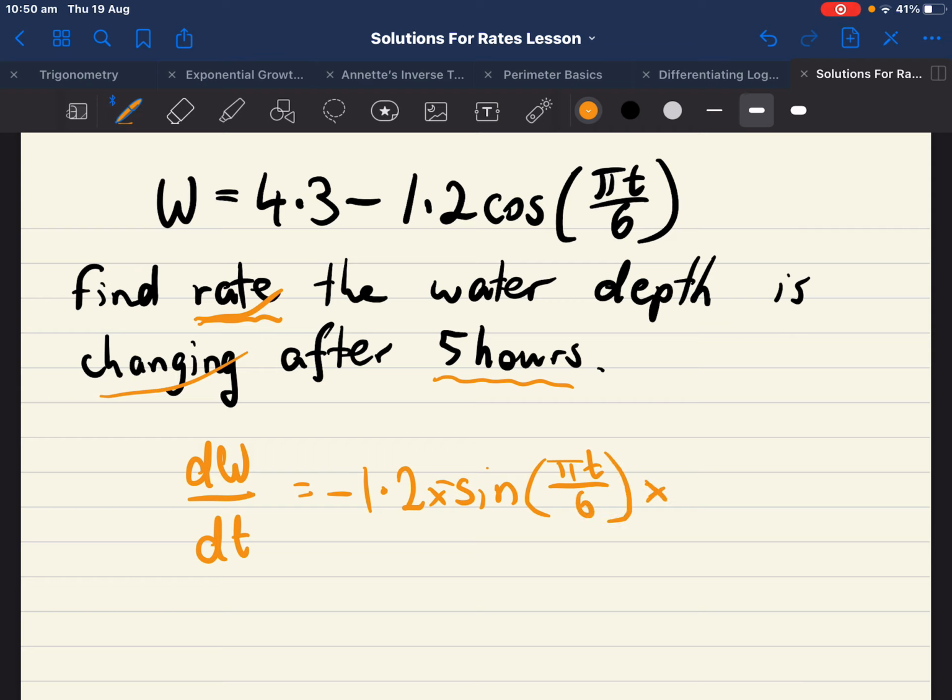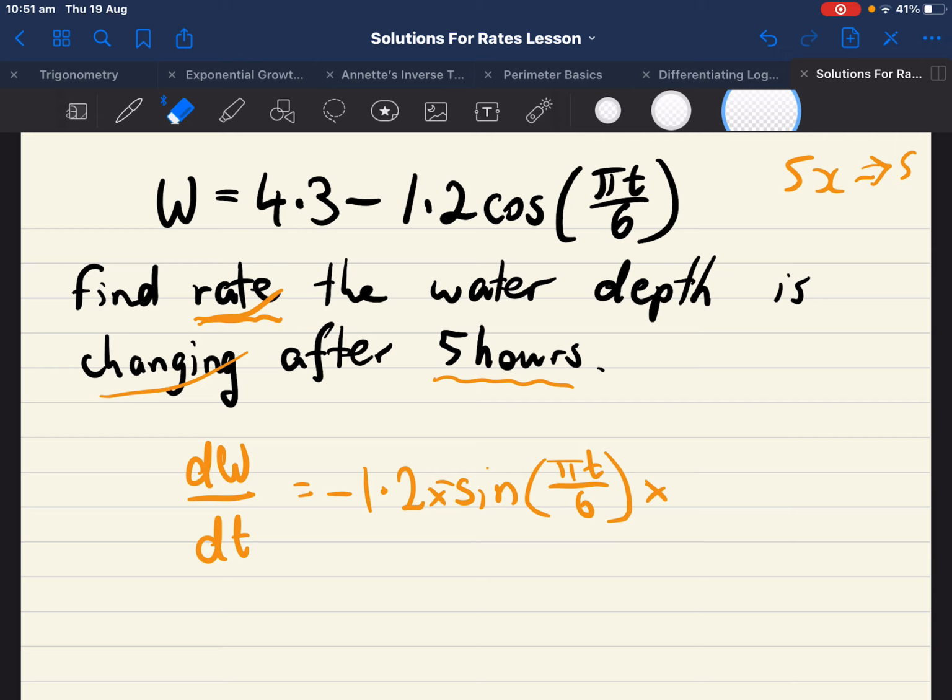And then you times by, which I normally do before I put the trig in, the derivative of what's inside the trig part. So we have to differentiate that pi t over 6, right? Like I'm saying, if I asked you to differentiate 5x, you'd know that just becomes a 5.